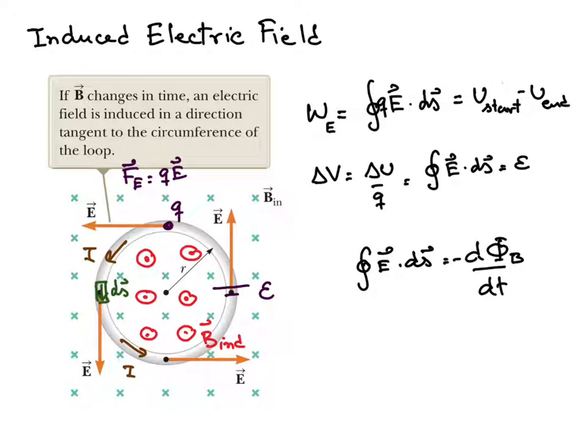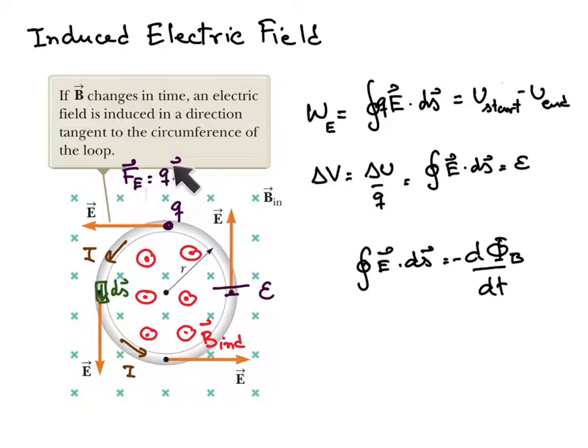So we can say that the change of the flux, or the change of the external magnetic field, induces the electric field that points in the counterclockwise direction like this, and this electric field moves the positive charge and creates the current in this wire.